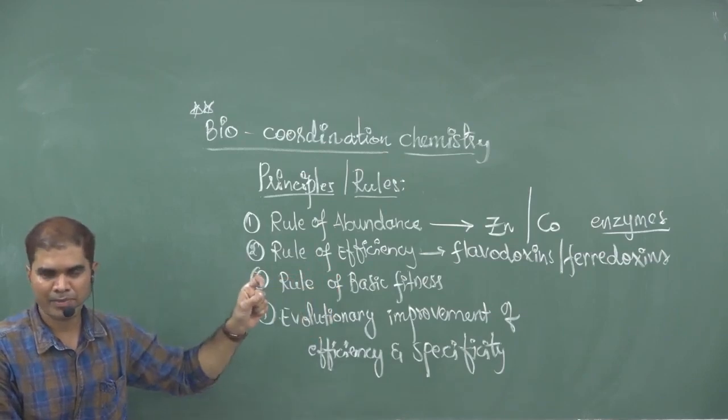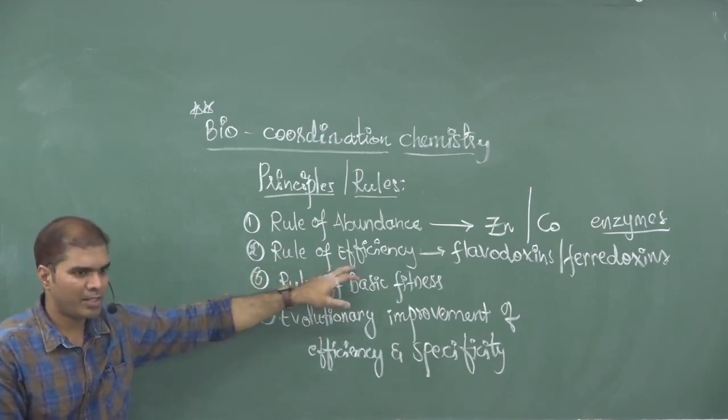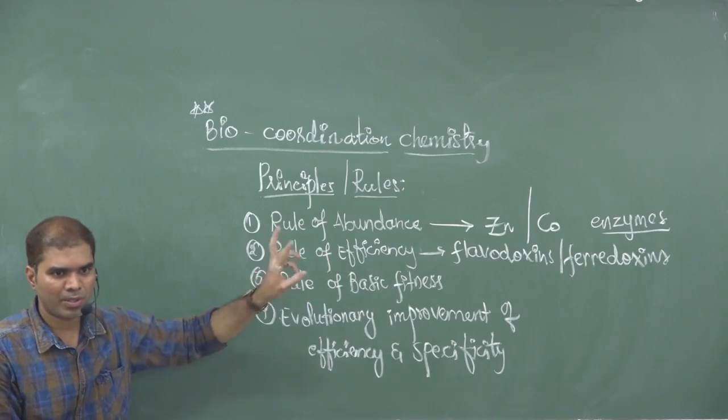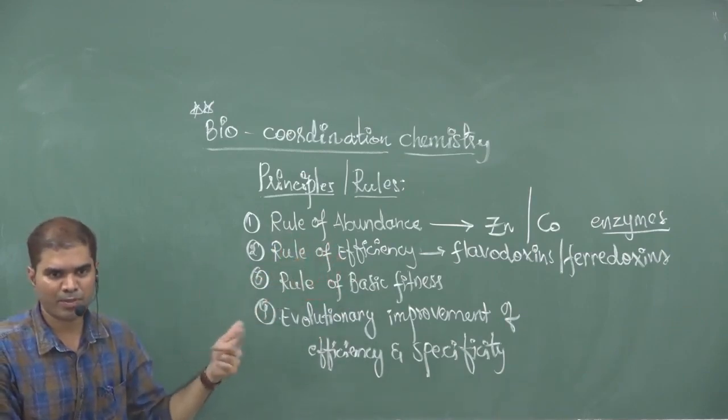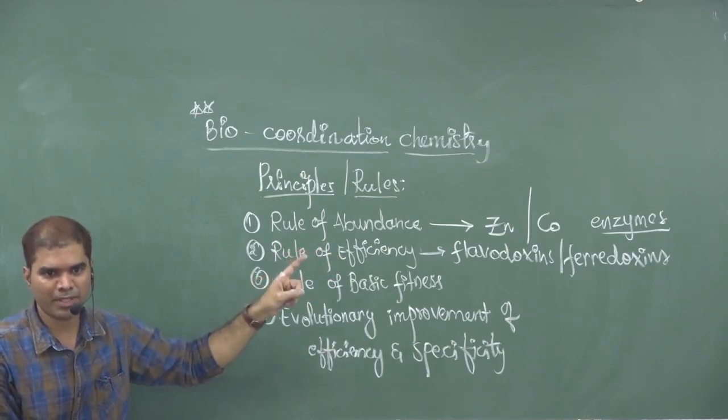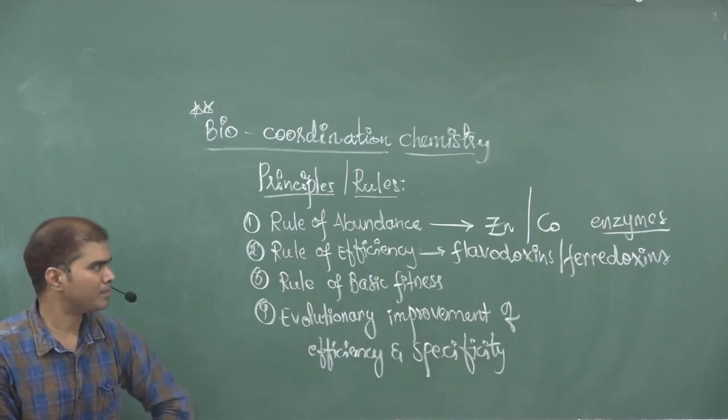Both are abundant. But which is more efficient? Nature will choose that. Out of flavodoxine and pyridoxine, pyridoxine is found to be the more efficient electron transport protein. Therefore, nature has mostly chosen pyridoxine. So just write down that example.